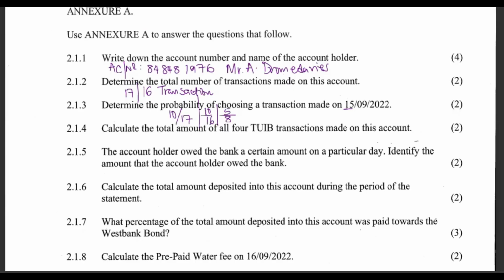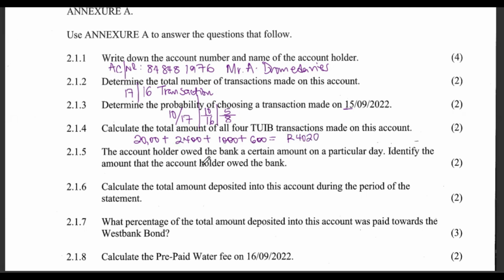We say the 20 rands plus 2,400 plus 1,000 plus 600, having 4,020 rands.